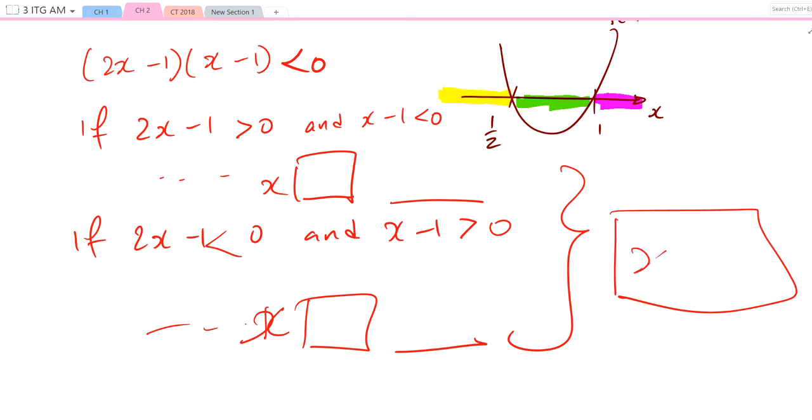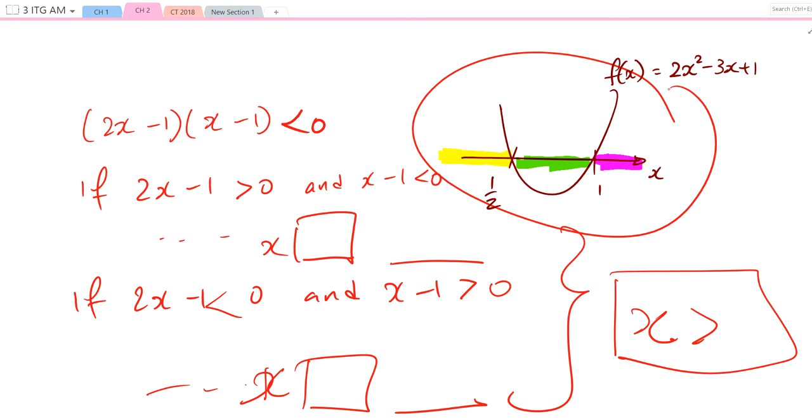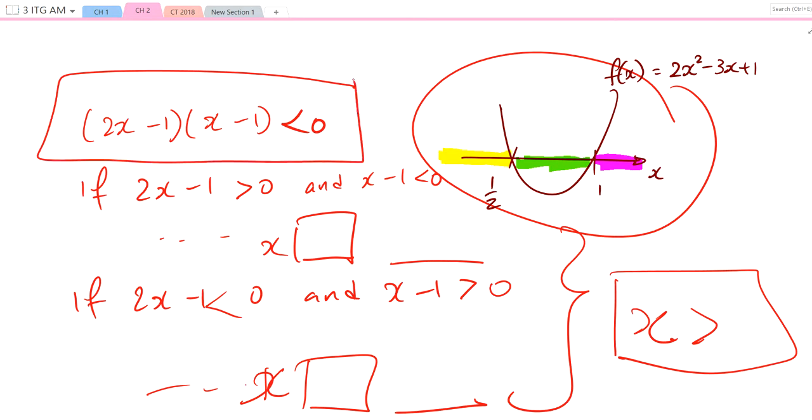Then you get a final answer, x is either greater than or less than or whatever it is. That is troublesome. Using the graph is easier. But I just want you to note that this is what it means. When I say something times something is less than 0, one of them is positive, one is negative.